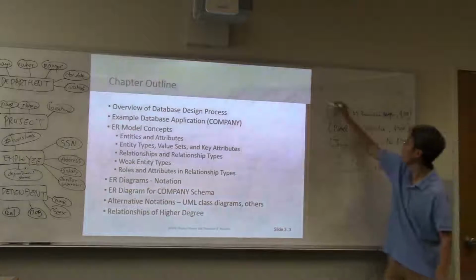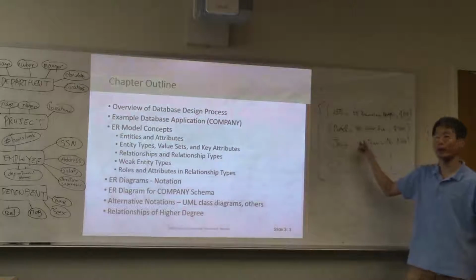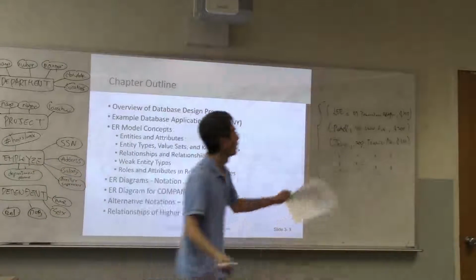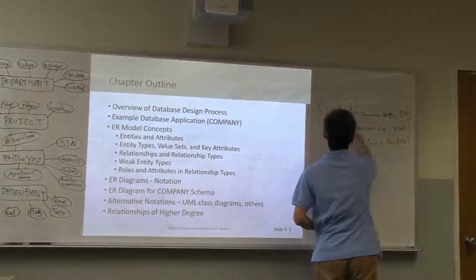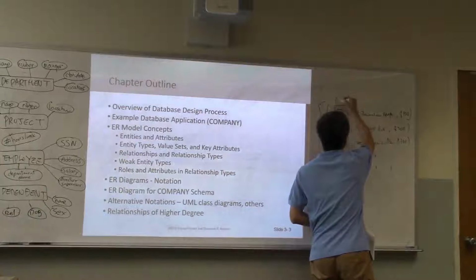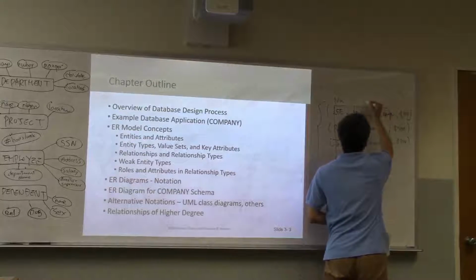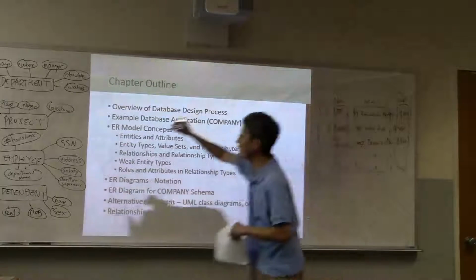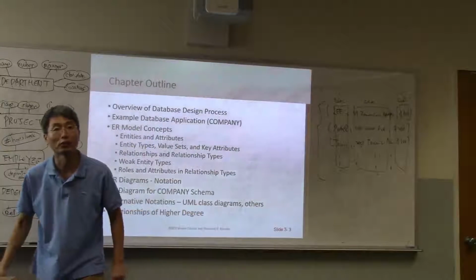Then we realize it is the group of entity of employee. Okay. Then this is the name. This is the address. This is the salary. So these will be attributes of this one.